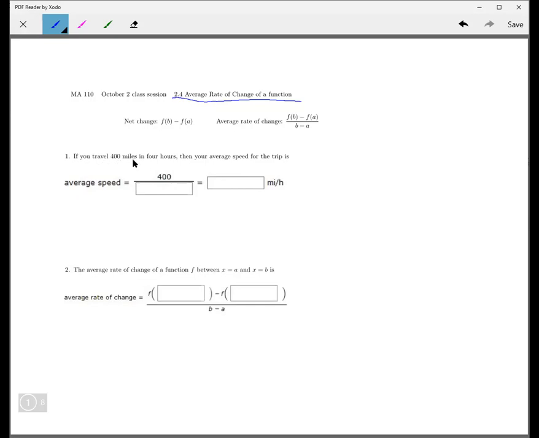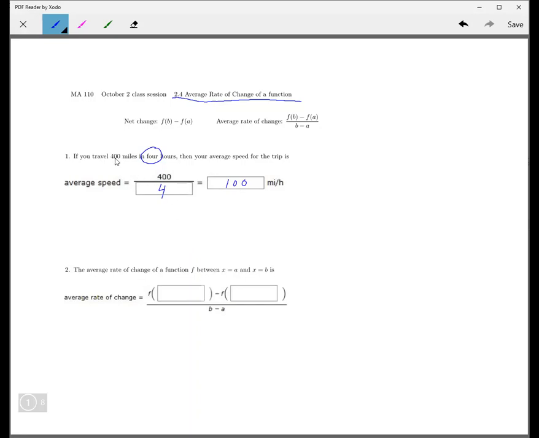Number one, if you travel 400 miles in 4 hours, then your average speed for this trip is, in miles per hour. So you want to take the number of miles and divide that by the number of hours, which is 4 hours, so you put a 4 there, and this ends up being 100 miles per hour, your average speed.